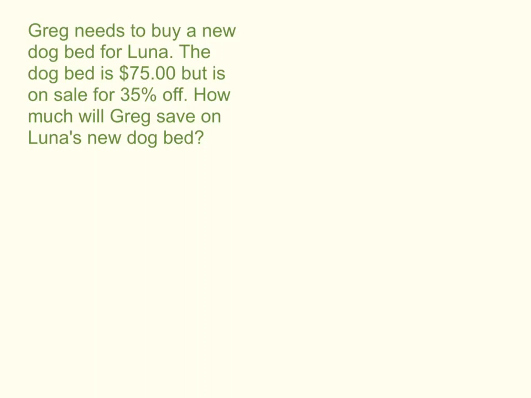So this next problem says Greg needs to buy a new dog bed for Luna. The dog bed is $75, but is on sale for 35% off. How much will Greg save on Luna's new dog bed? So instead of us adding a percentage to the amount that's already listed there, this says that there is a percent off.